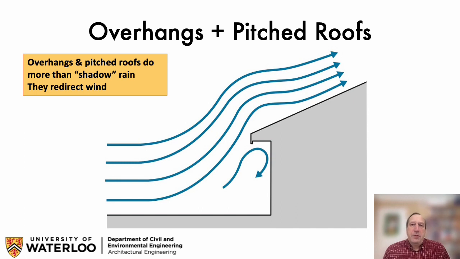This is not because of any kind of shadowing effect, like the sun is shadowed with straight lines from the sun. This is all about redirecting the wind around a building in a way that raindrops are not deposited on the walls as much as if there were no overhang or pitched roof.